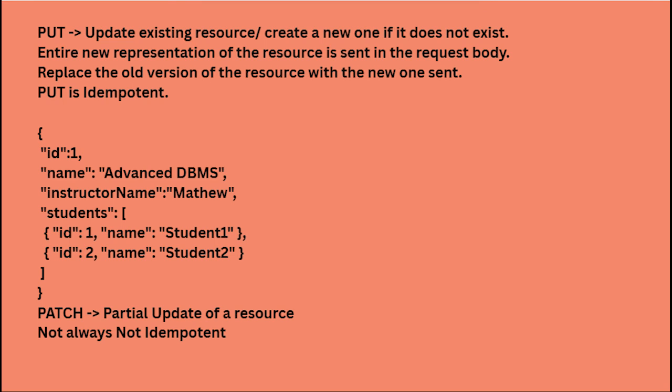So in our example, we'll be sending a 200 OK response if we successfully updated the resource. Else we'll send 404 Not Found if we were not able to find the resource. Special mention is PATCH request, which is partially updating a resource, versus PUT request, which is replacing the entire resource.